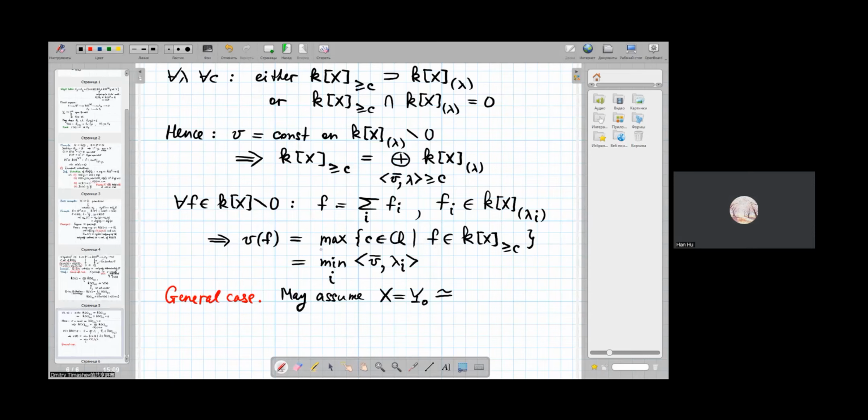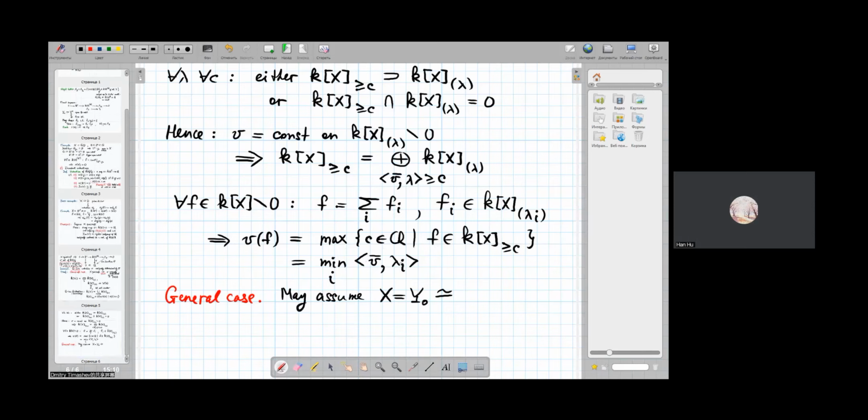Thank you so much for this correction. So here you have maximum, but here, when you have this decomposition, you have minimum. Okay, thank you.